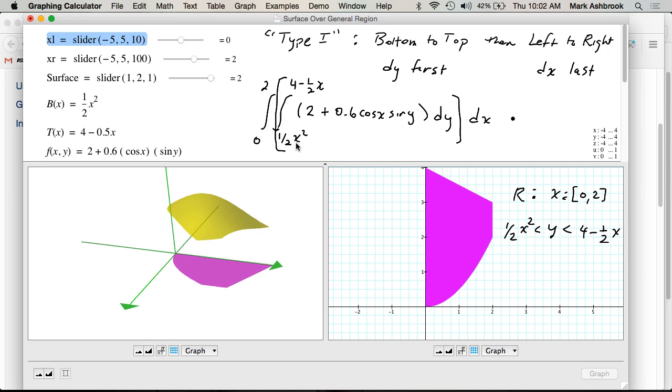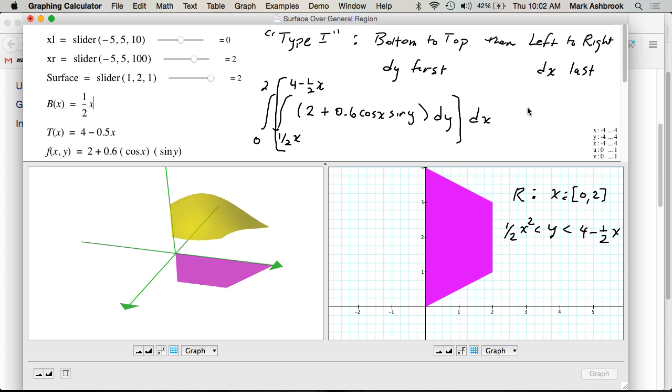What I should have done, the problem here is going to be the x squared. That's going to be the problem. So maybe we could, let's just do 1 half x. And then we can make our way to the integral.